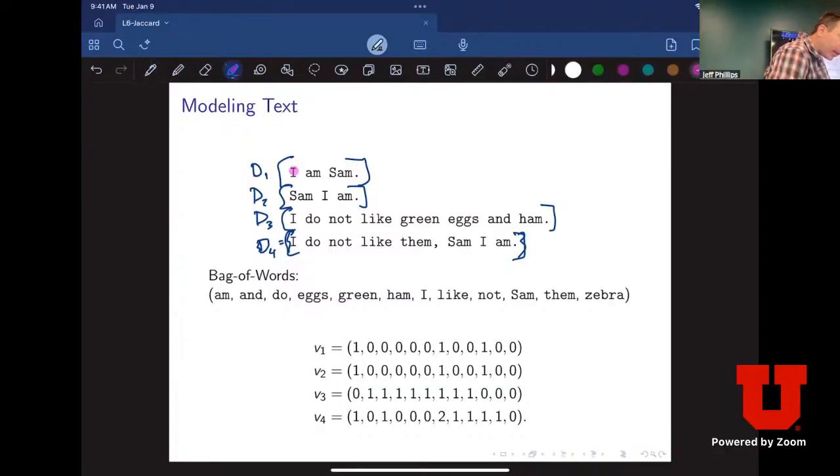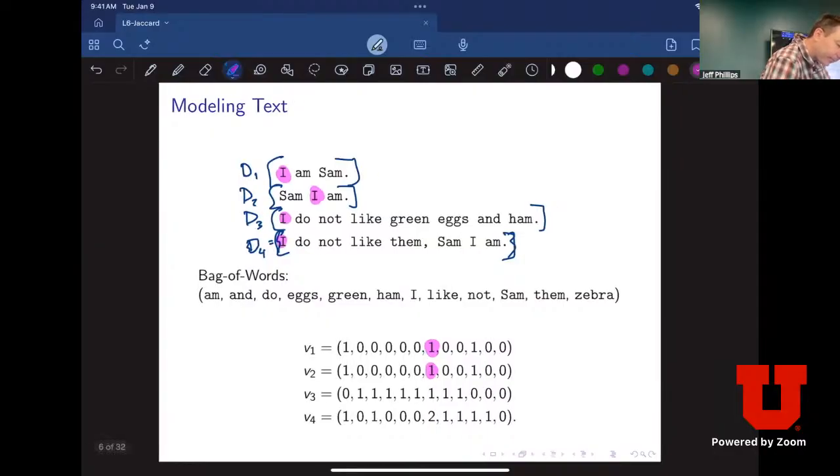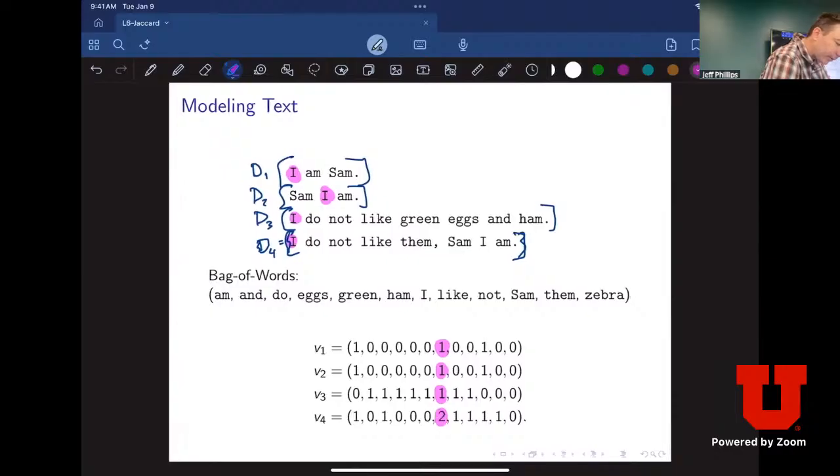I shows up here, here, and it's showing up twice in this last one. Am is showing up in these 3, and Sam is also showing up in these 3.